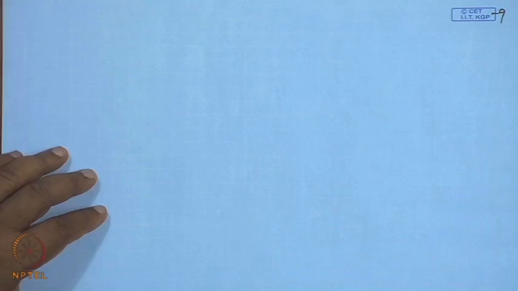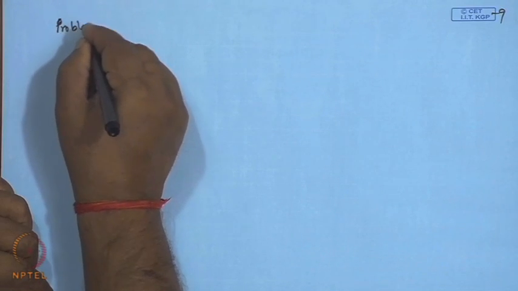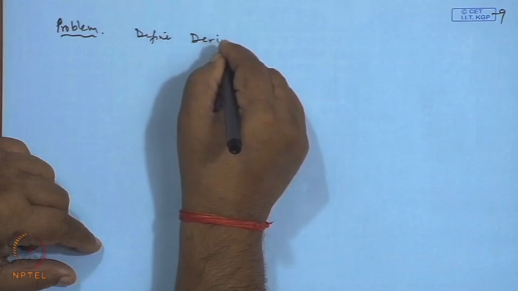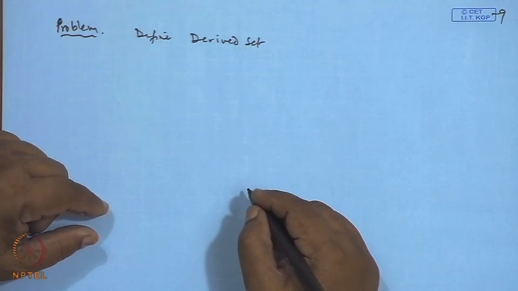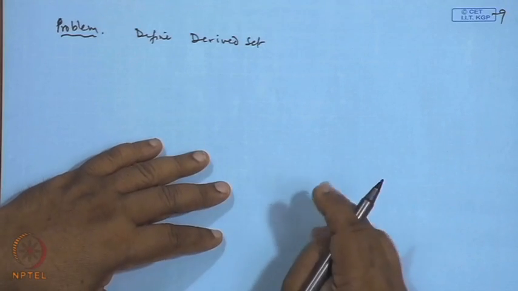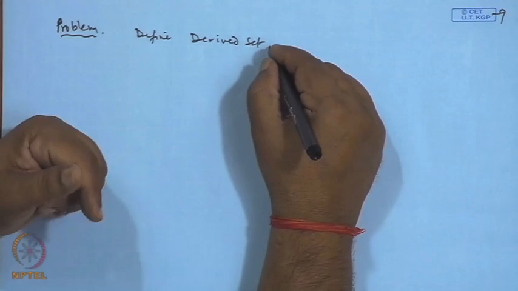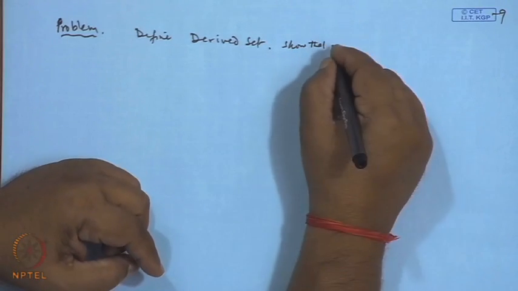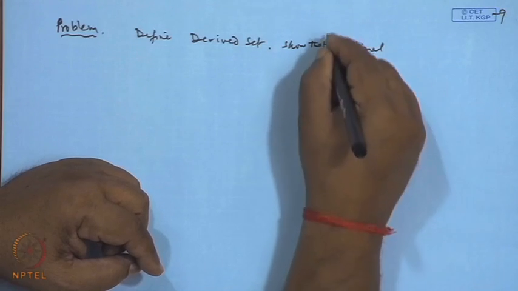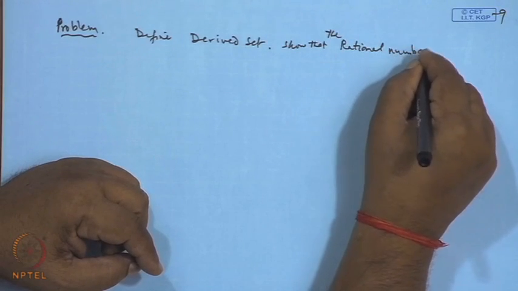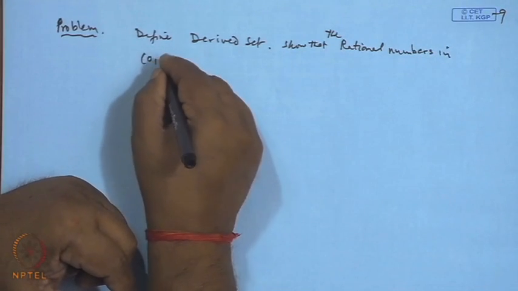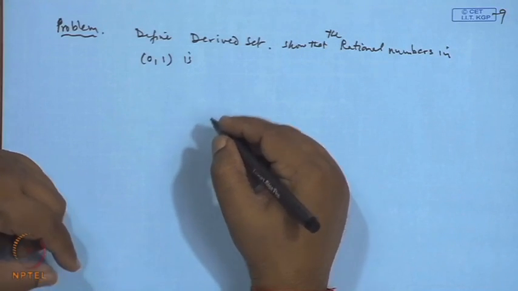Now, another example which we want to show: define the derived set, and show that the rational numbers in the interval 0 1 form a set of the second species.